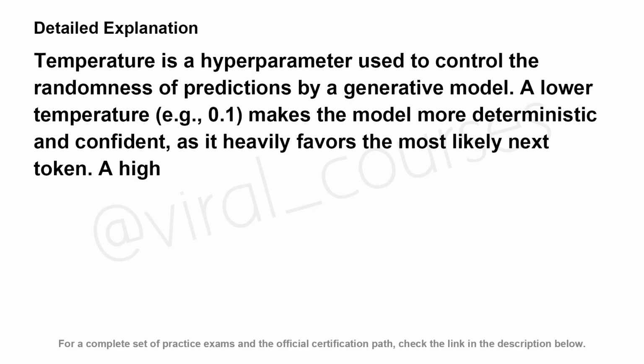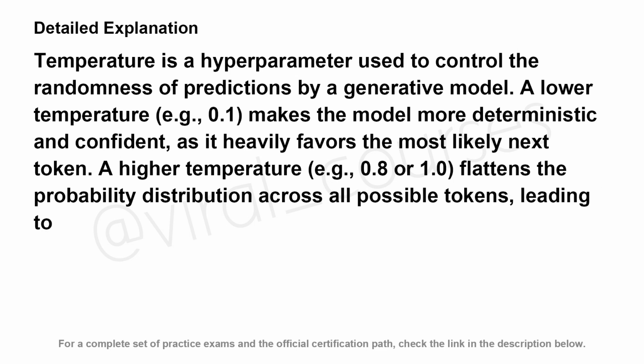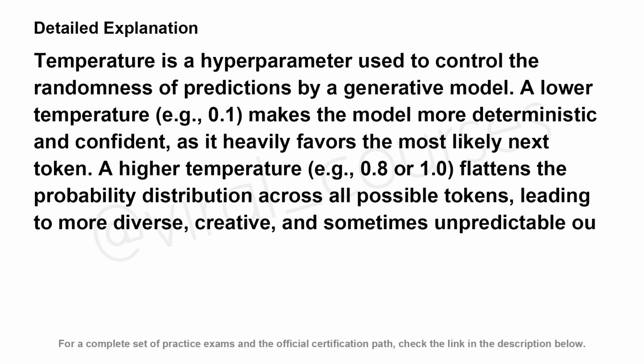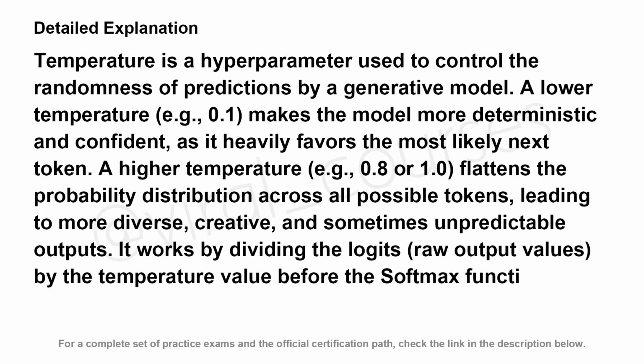A higher temperature, e.g., 0.8 or 1.0, flattens the probability distribution across all possible tokens, leading to more diverse, creative, and sometimes unpredictable outputs. It works by dividing the logits, raw output values, by the temperature value before the softmax function is applied.